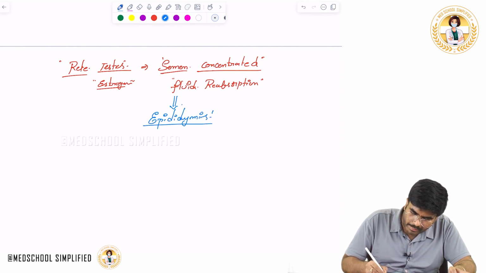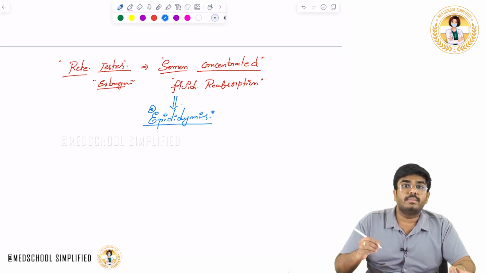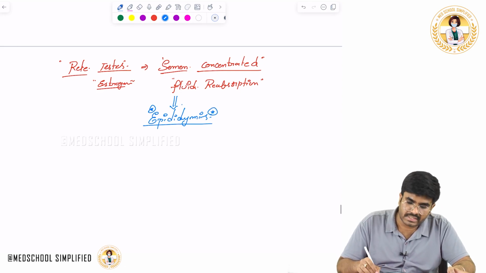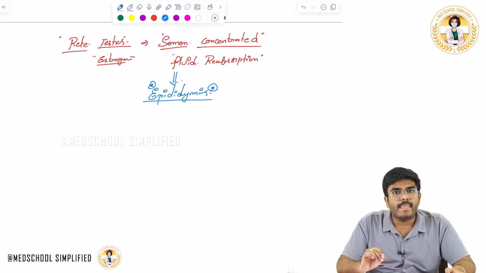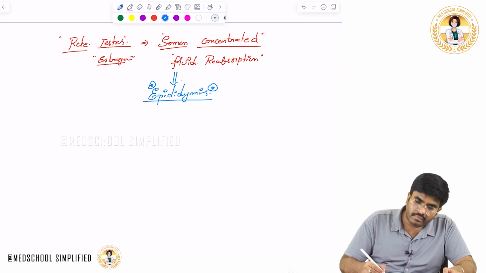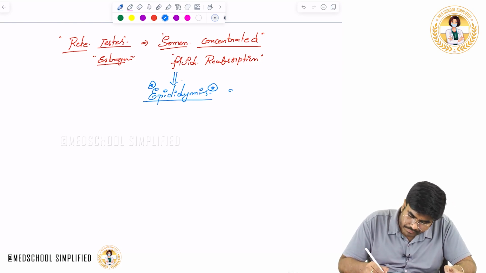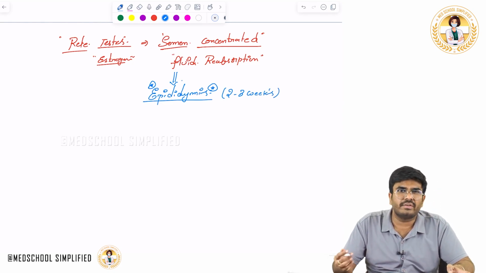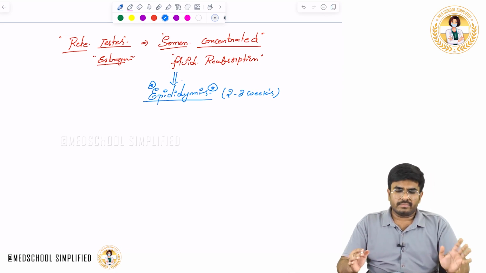I have told you, from the seminiferous tubule the sperms go into the rete testis, and from the rete testis the sperms will go to the epididymis. In the epididymis, important points are there. The sperms are going to stay here for almost 2 to 3 weeks, almost 20 to 25 days.